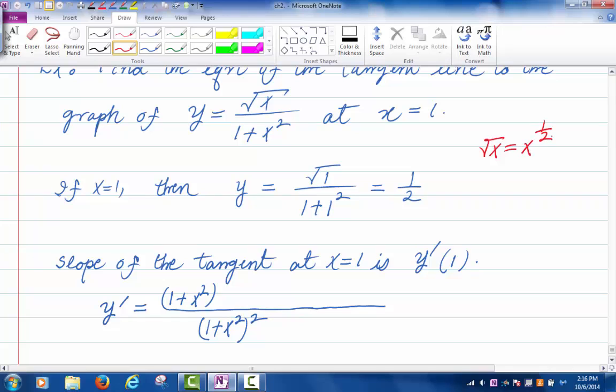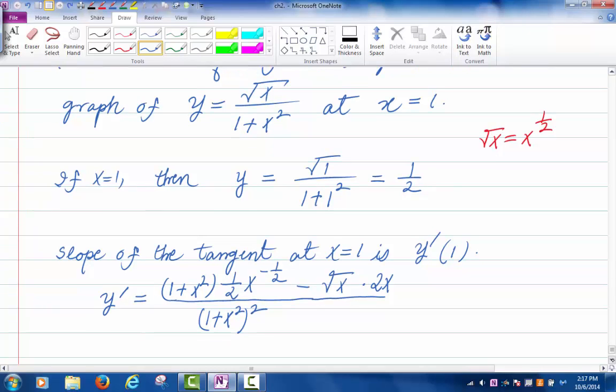So by the power rule, we know that the derivative would be what? Half x to the half minus 1, which would be negative half. Okay, so minus the numerator multiplied by the derivative of the denominator. The derivative of the denominator here is what? 2x. Is everybody okay with that?